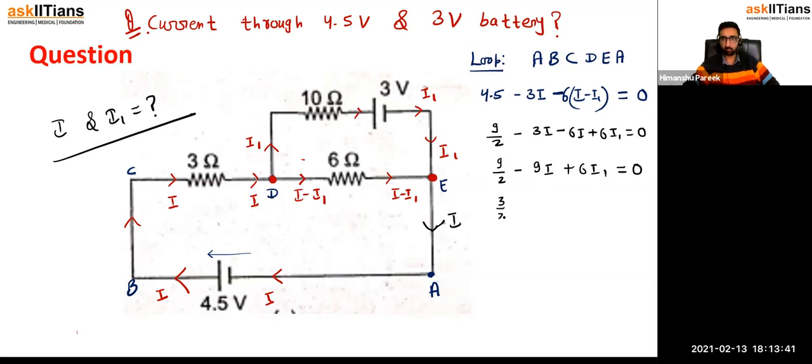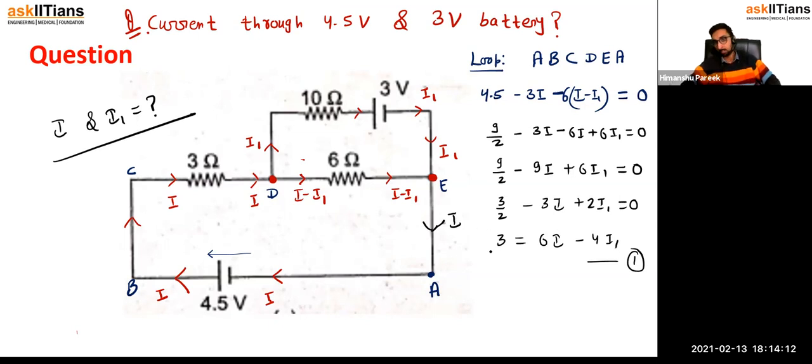This will become 3 by 2 minus 3I plus 2I1 equal to 0. So 3 is equal to 6I minus 4I1. Equation number 1. You can check it once again if there is any calculation mistake. 3, 6 and 4. Yes, that's correct.